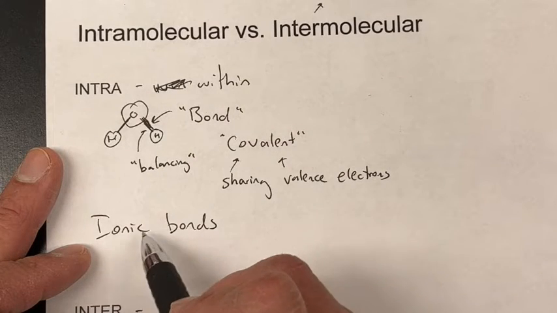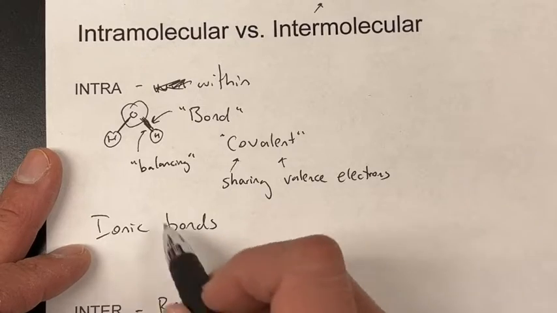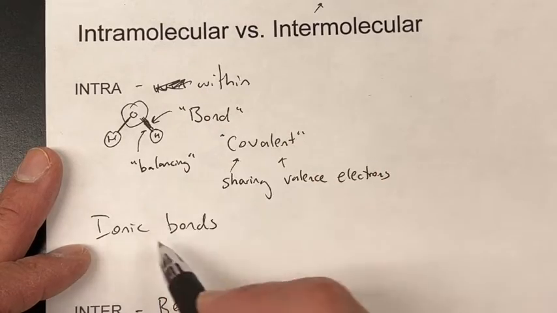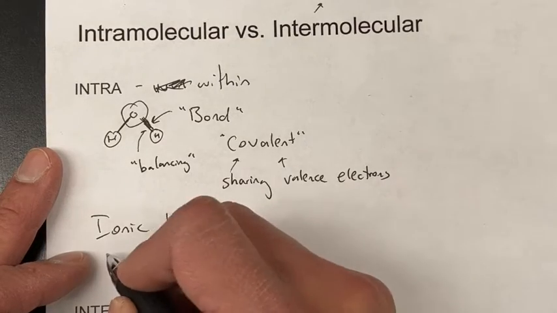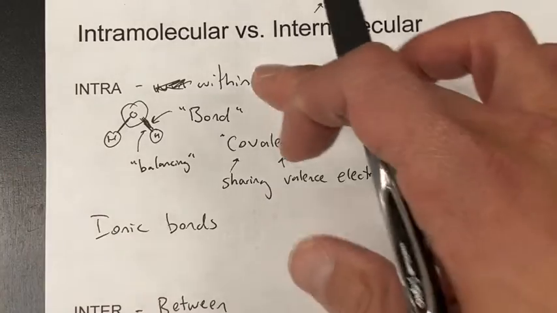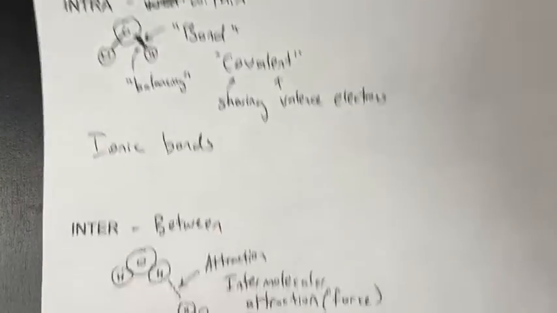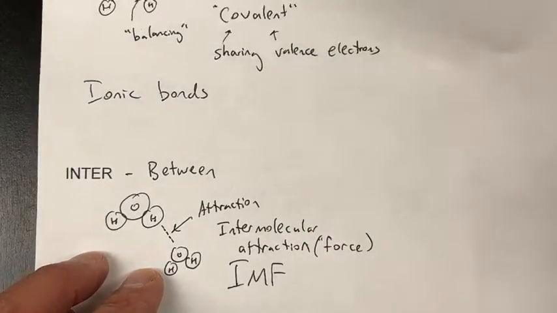Ionic things are not molecules, so it's kind of a weird term, but intramolecular is just a bond. Ionic things, metallic things, we'll talk about a little bit too. So I just want to give you, within is intra, between is inter, that's between the molecules here, okay?